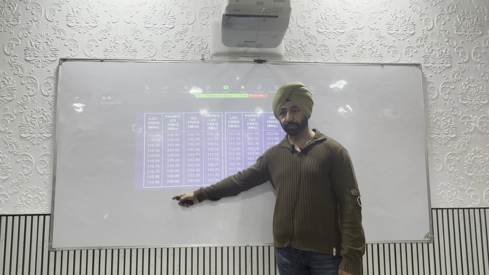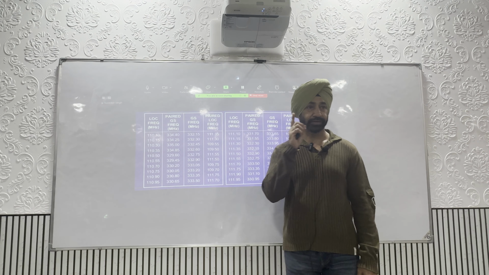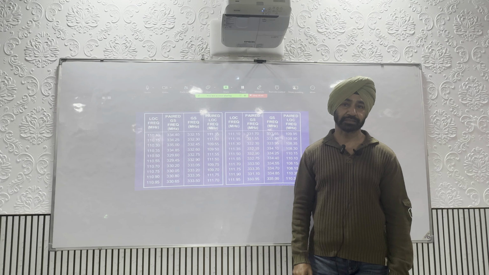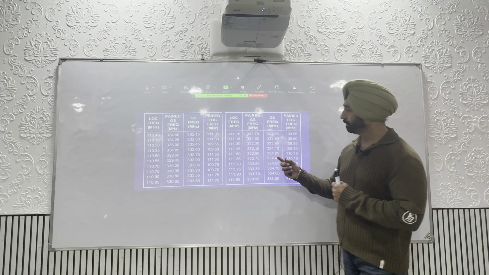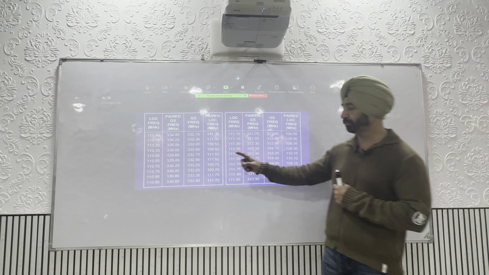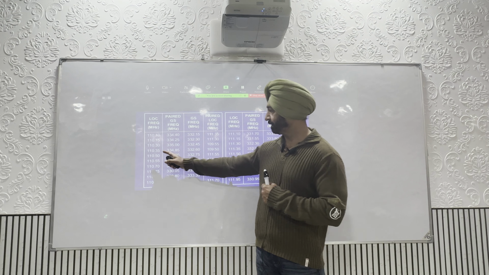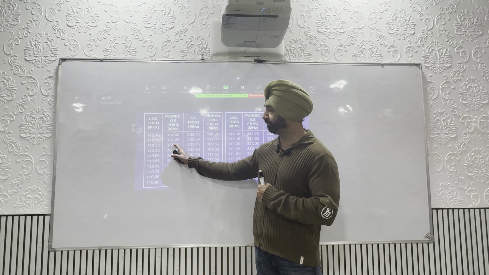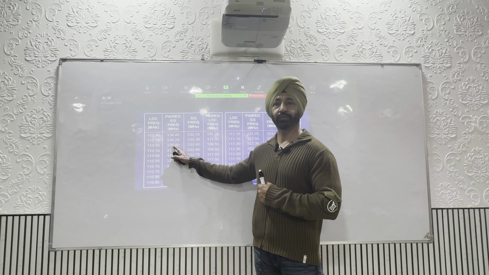Whichever it is, there is a fixed glide slope frequency, that is frequency pairing. So for every localizer frequency, 110.3, you cannot choose any random frequency. For 110.3, anywhere in the world, your glide slope frequency will be 335 megahertz.